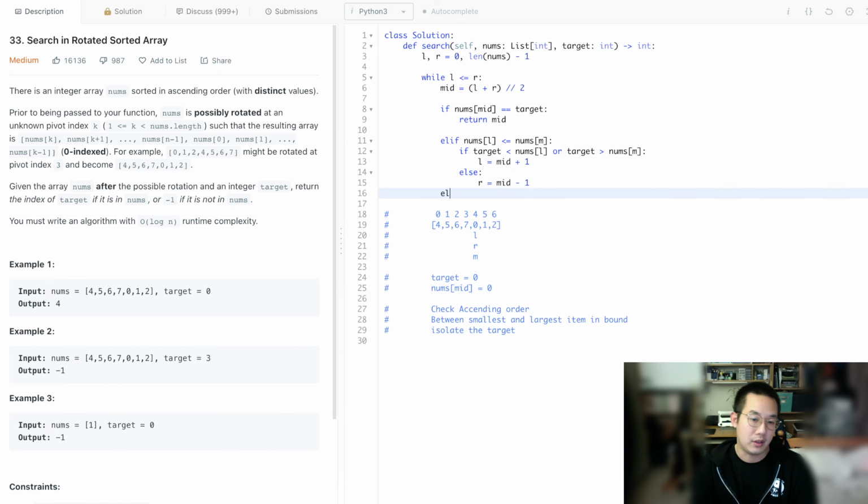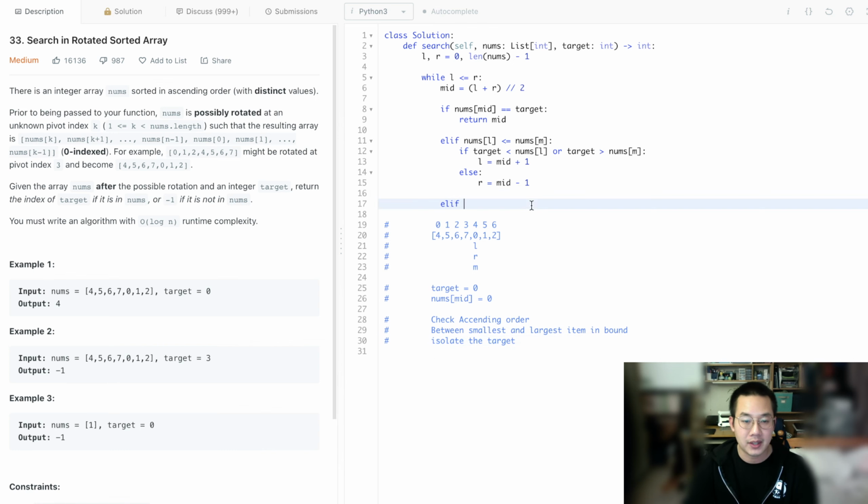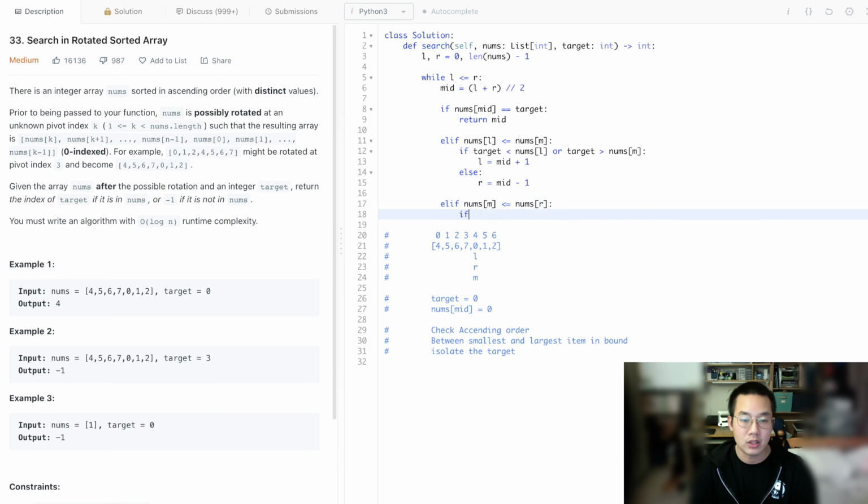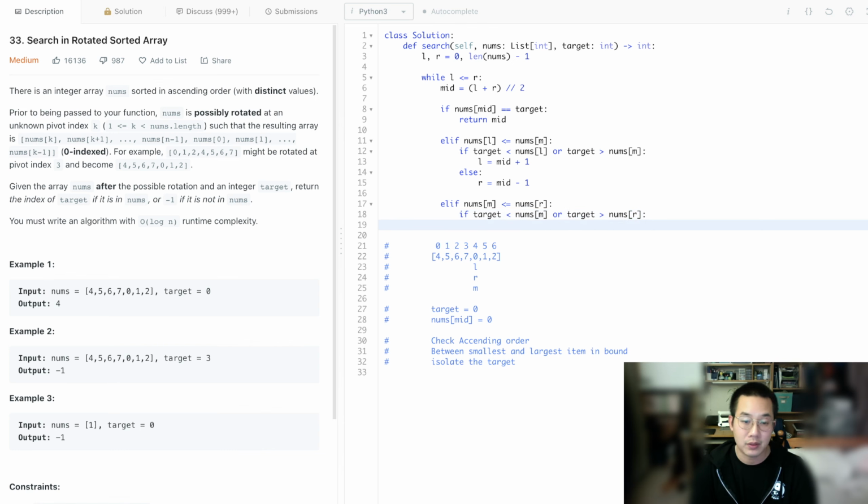Else, to be more clear, let's write out this code. Otherwise, nums[mid] is less than or equal to nums[right], and that's in ascending order. If target is less than nums[mid], or target is greater than nums[right], that means it's not within this side of the items, so R equals mid minus 1.